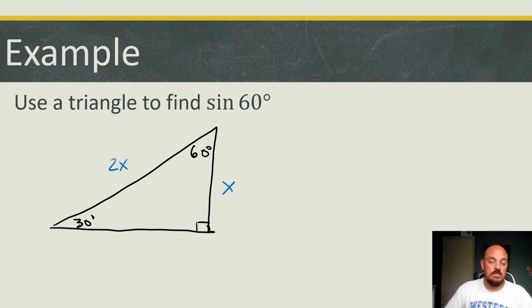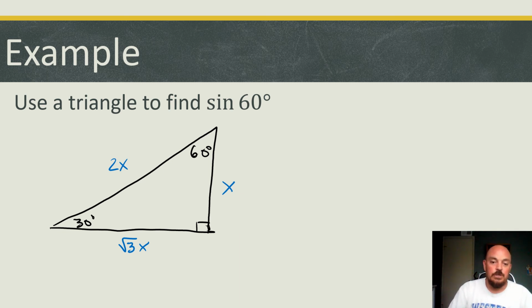So all I need now is the longer leg, the third side of this triangle. And the rule for that is if you know the shorter side, which is x, you can multiply it by the square root of 3 to find the longer leg. So this one is going to be the square root of 3 times x. So we're using what we learned yesterday to set up the sides.